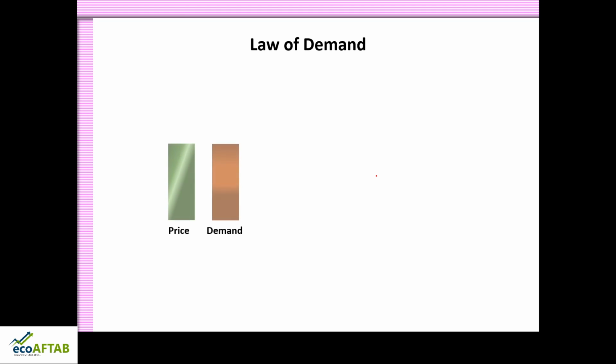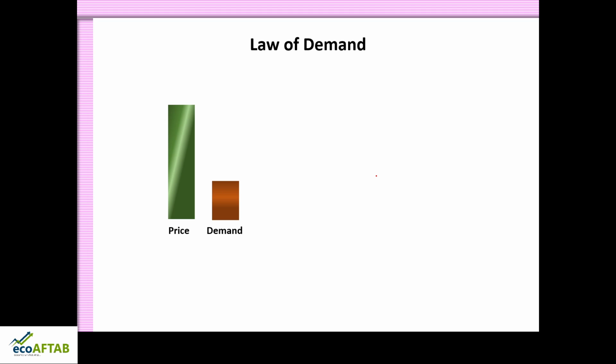So here again for this I will take up law of demand. So here you can see we are having price and we are having quantity demanded. Now if the price increases, as per law of demand, what will happen to the quantity demanded? The quantity demanded will decrease. This is the situation with regard to law of demand.